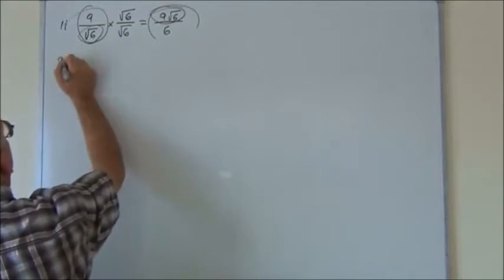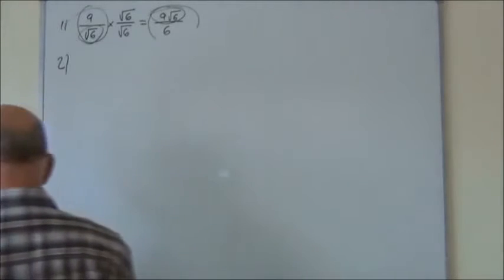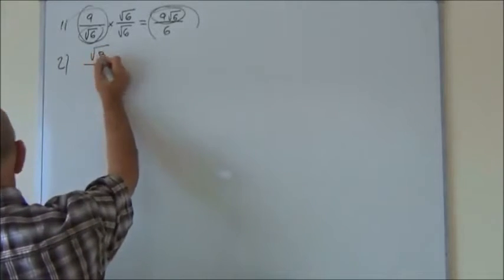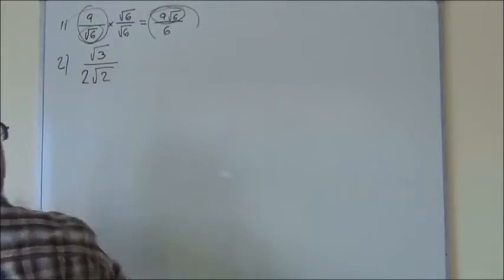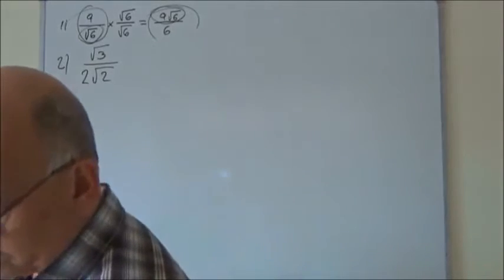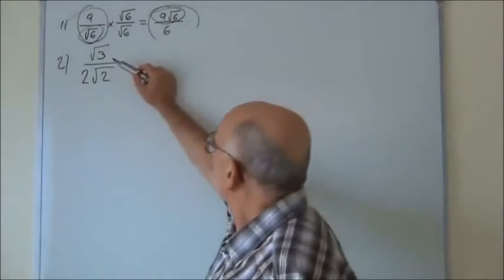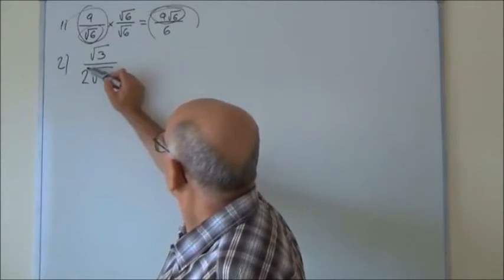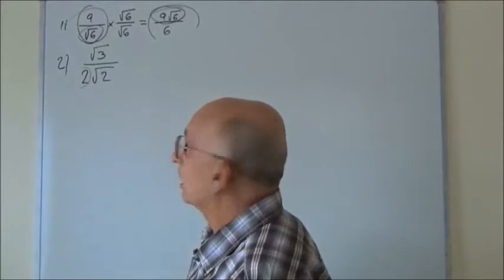The next one is root 3 on 2 root 2. It is similar. The only difference is that in this denominator we have one whole number that multiplies our surd.